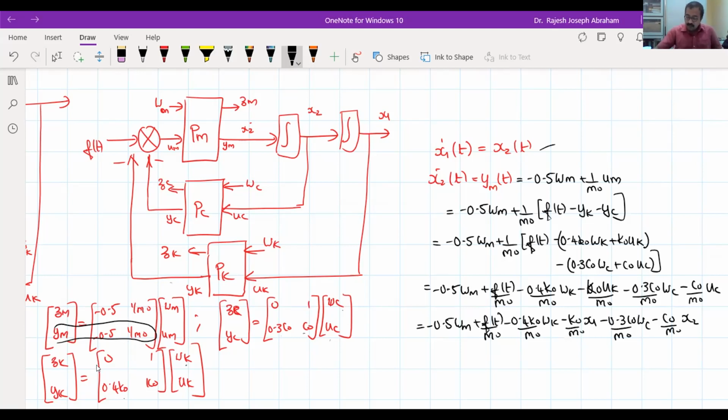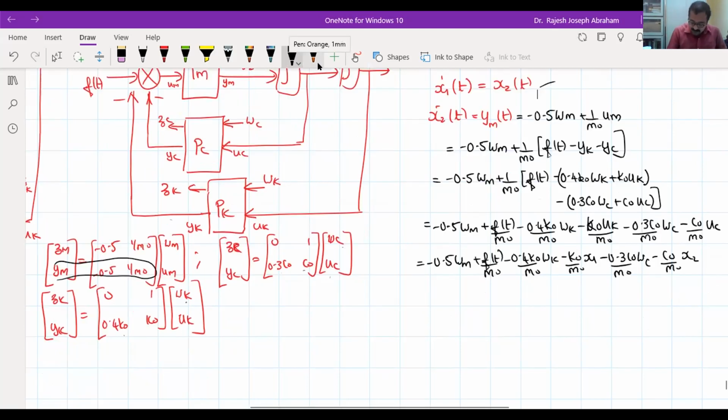Let me collect this and write it here once again. X1 dot t equal to x2 of t. That is one state equation.